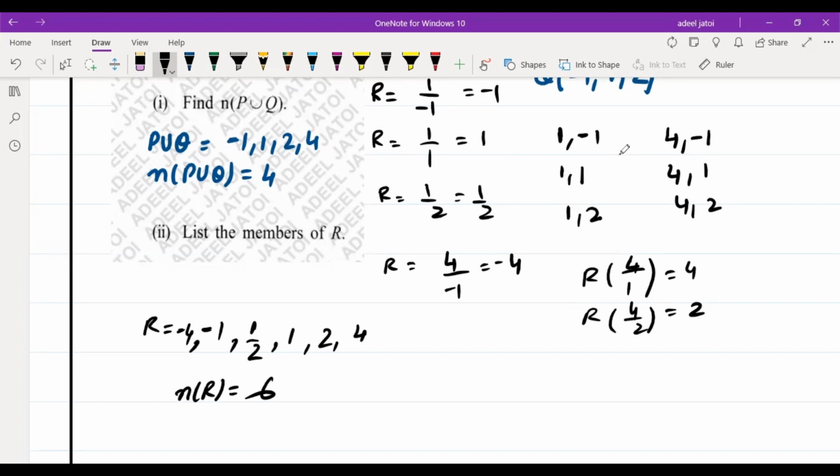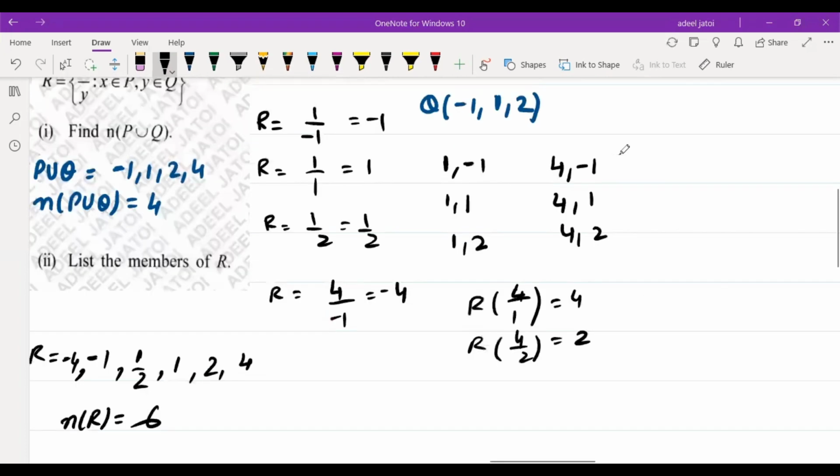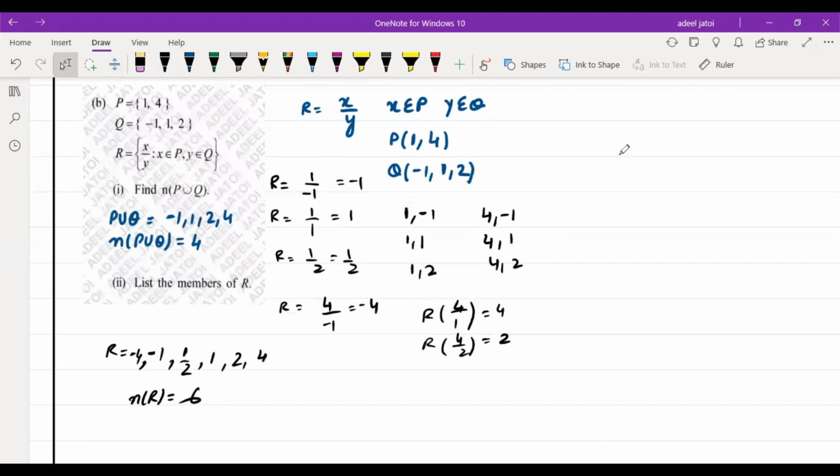So the elements will depend upon the equation which is there. It will be necessary for you to understand that such questions will be given as x and y, whereas they'll tell you that x is an element of P and y is an element of Q, and then you will have to make sure that the coordinates are used.